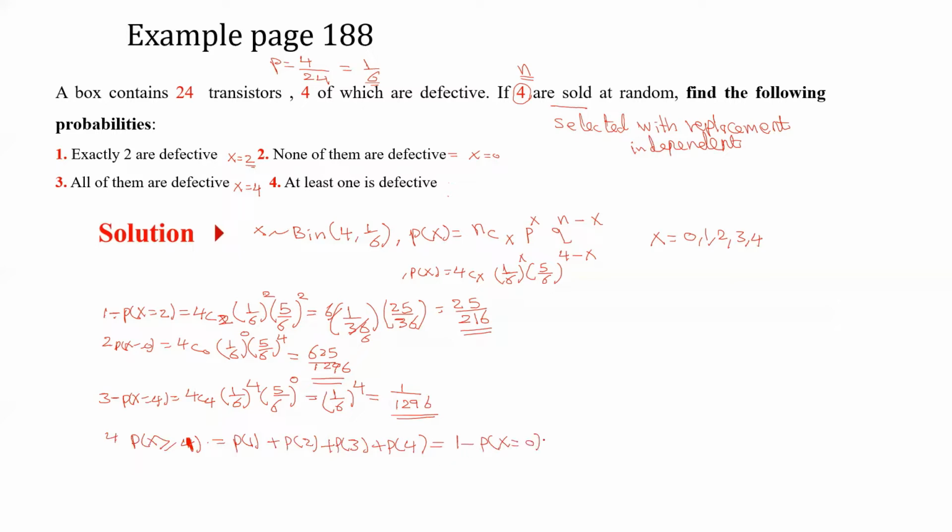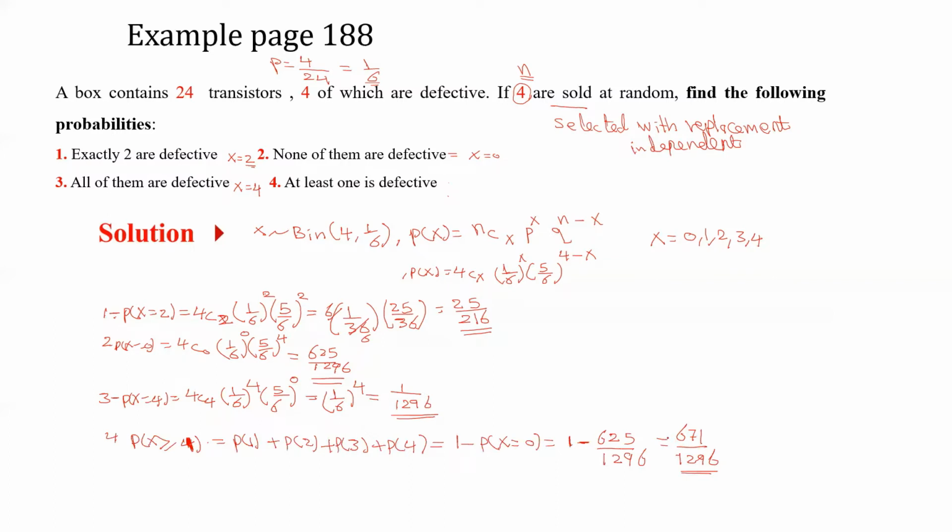P of x equal 0 we already got, which is 625 over 1296, so 1 minus that equals 671 over 1296. Of course, this is also different from the value when we use hypergeometric distribution.